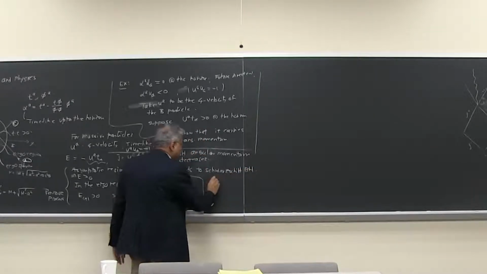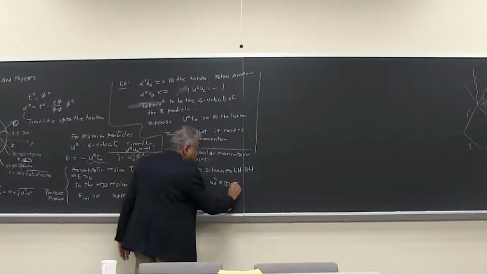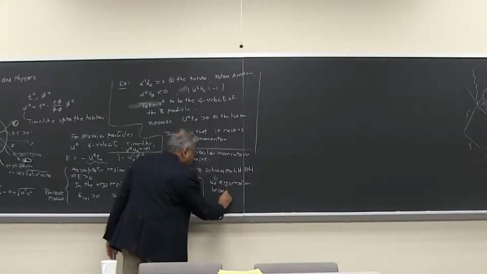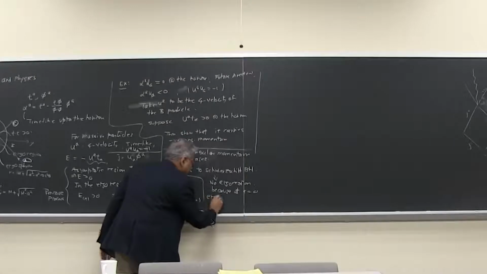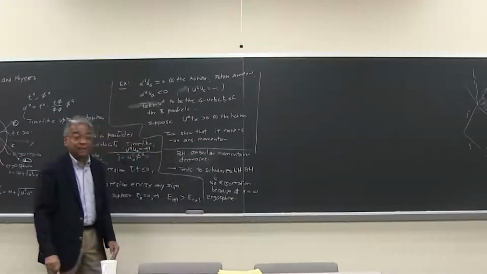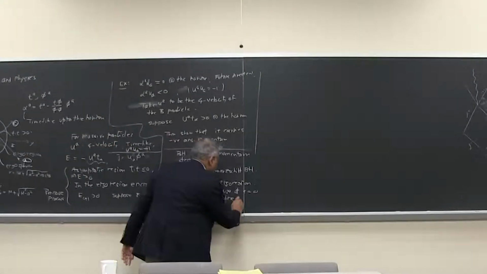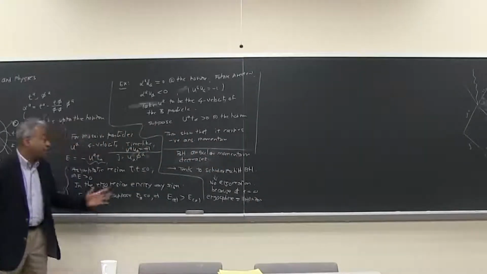Once you are at the Schwarzschild black hole, there is no ergo region, because at a equals 0, the ergosphere is the same as the horizon. The ergosphere, where the time-like Killing vector becomes null, is the same as the outer horizon, and therefore the process stops.